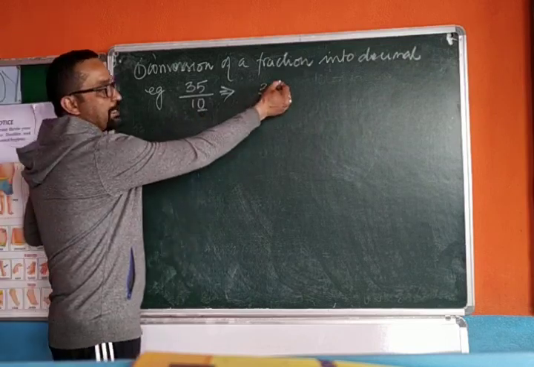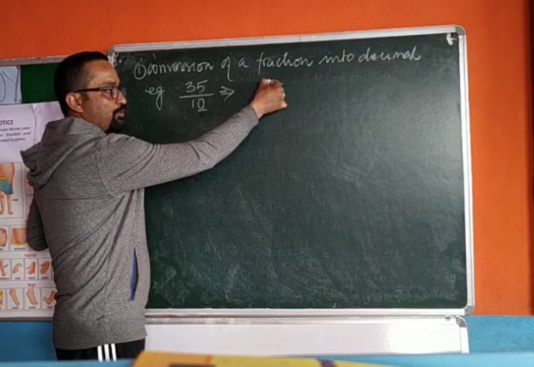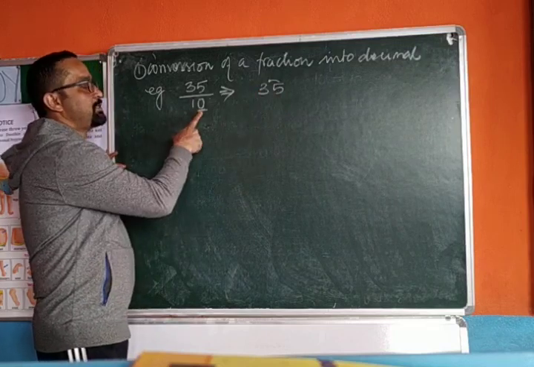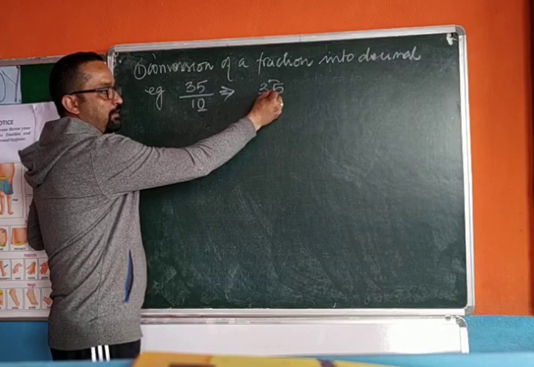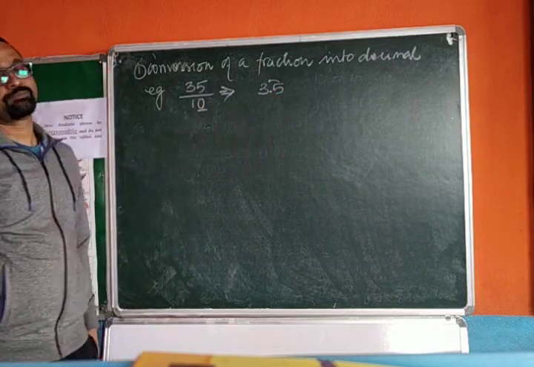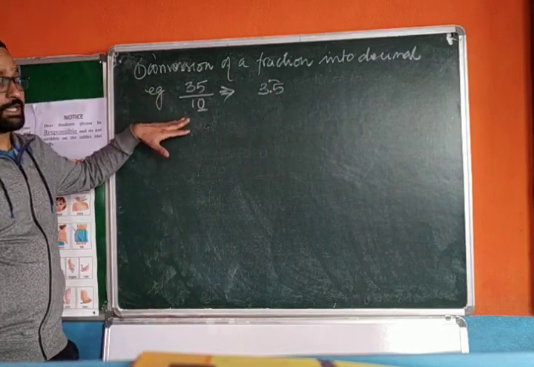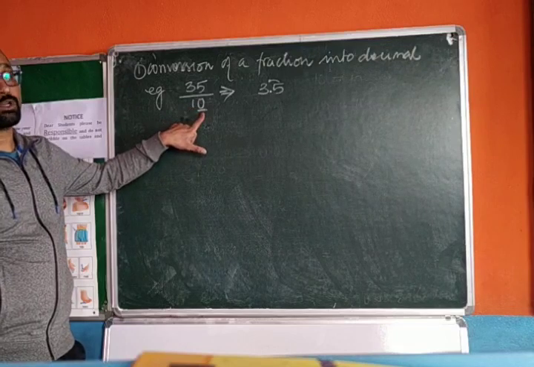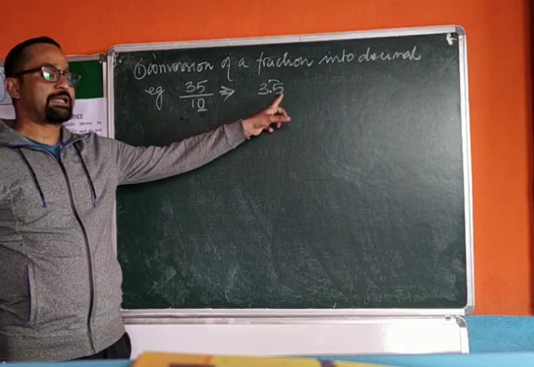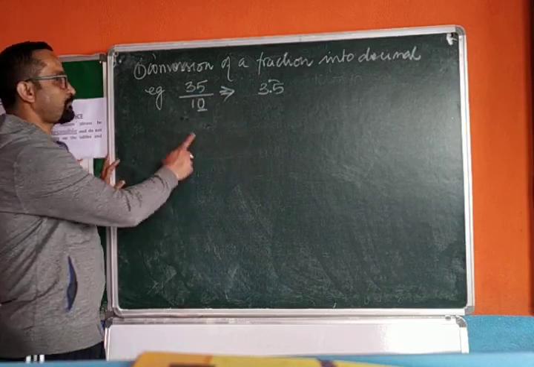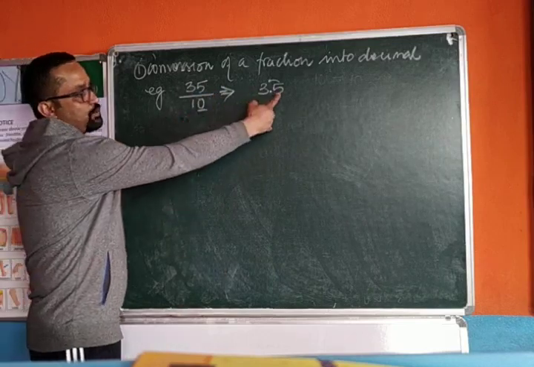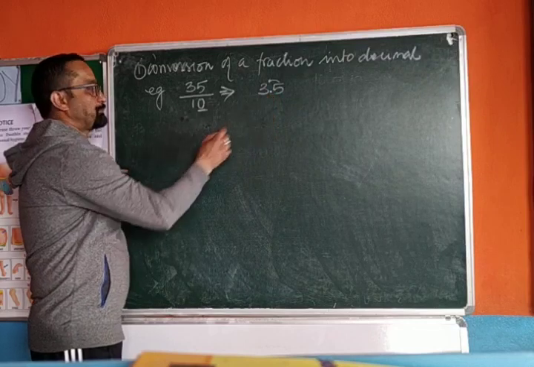So from right hand side you need to move on the left hand side. 1 0 means from one place you put decimal. You don't have to divide it, you just need to count the number of zeros. There is 1 0, so one place on the left hand side.